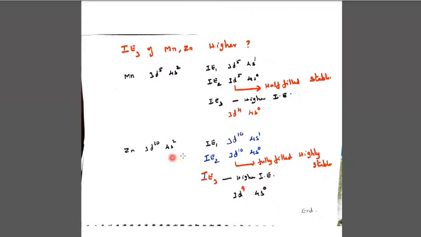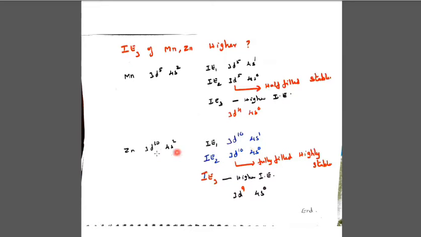For zinc, it is 3d10 4s2; one electron is removed and it becomes 4s1, and then one more electron is removed and it becomes 3d10. So it never becomes 3d9.